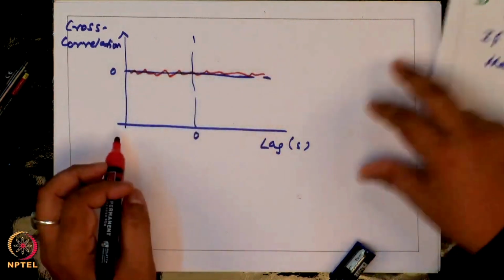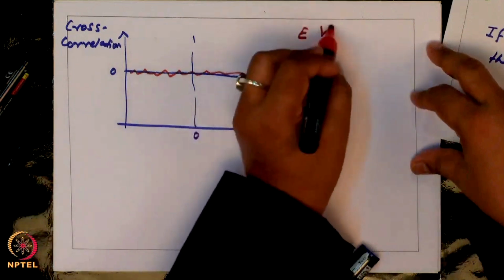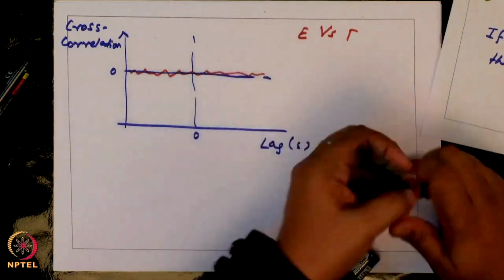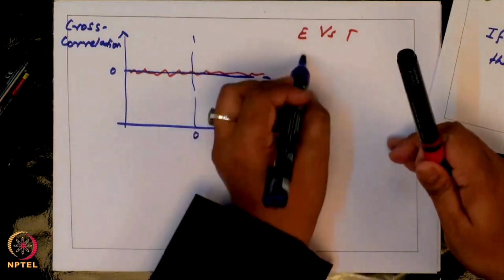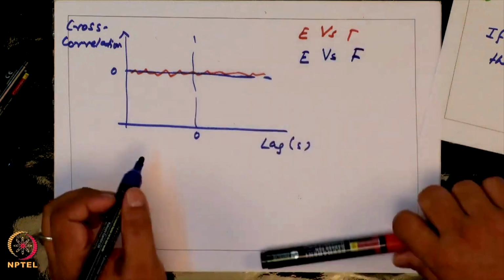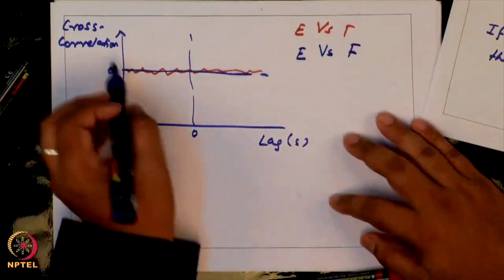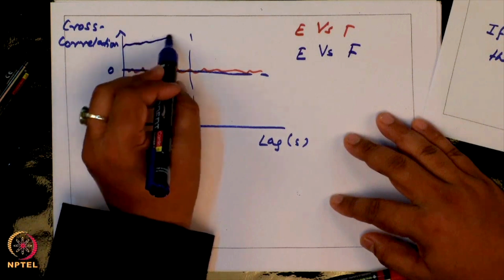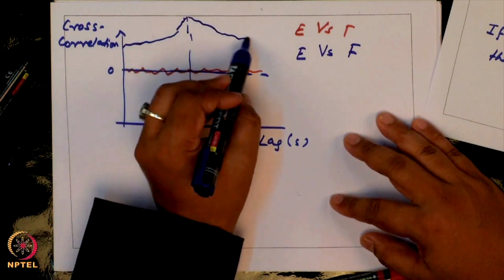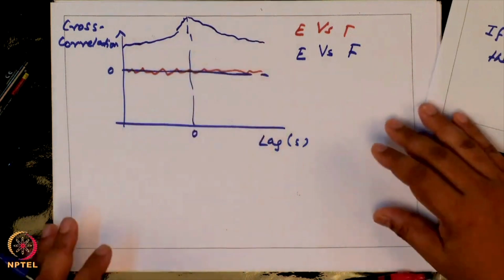There is no correlation between E versus T. But if you do the correlation between edge displacement versus flow, what you will observe is a curve which is like this.